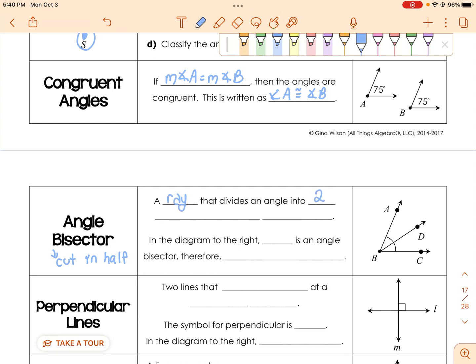So an angle bisector is a ray that divides an angle into 2 congruent parts. In the diagram to the right here, ray BD is bisecting angle ABC. Therefore, we have 2 congruent angles here. Angle ABD, we could put a little mark in them, is congruent to angle CBD.